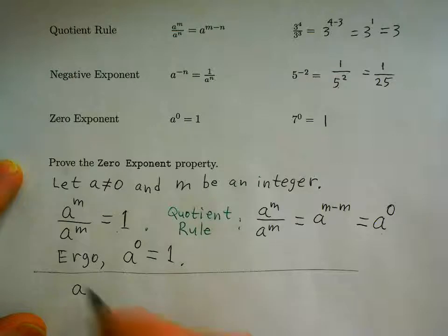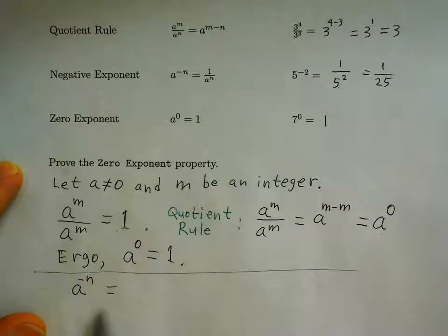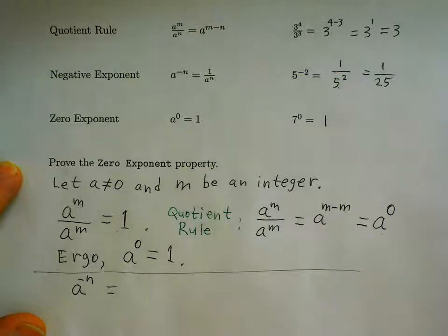So a to the negative n, well, we already have a property that says that that's equal to 1 over a to the n. But I want to illustrate a way to verify that that's the case by using the other properties.